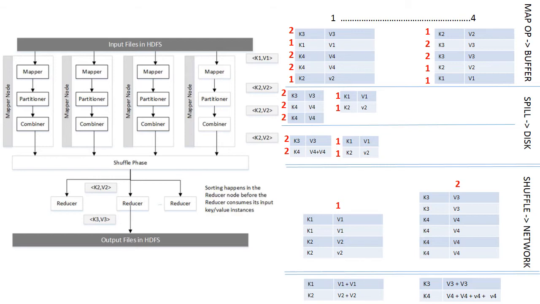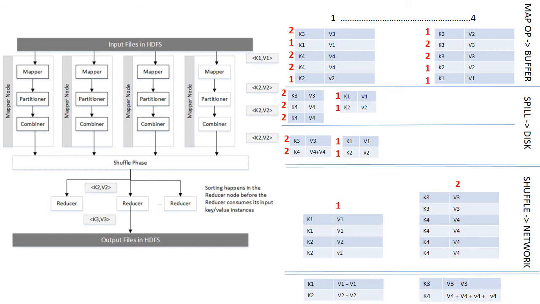The file itself is stored on the disk. It is read into the memory, and the mapper function is applied to the data in the file. The mapper function emits the intermediate key value pairs.